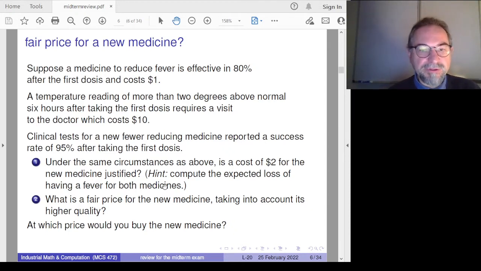So the first question asks, is the $2 justified? And the second question is a variation on this. If we have justified it, could a higher price be charged, or if we didn't feel it was worth it, what would be the fair price for the new medicine?